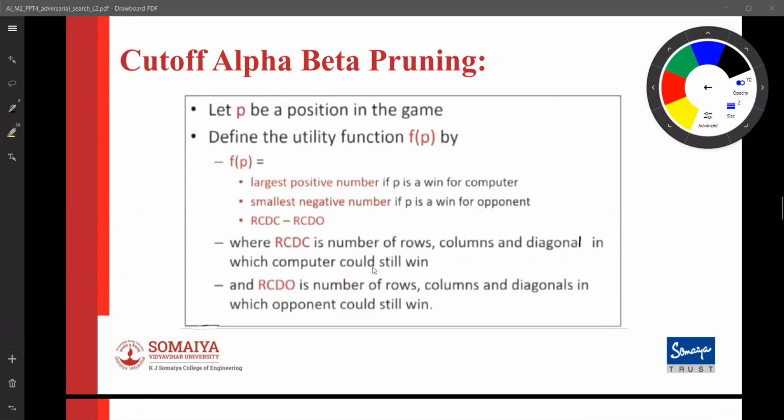Let us say I count the number of rows, columns, and diagonals in which the computer can still win, and similarly the number of rows, columns, and diagonals in which the opponent can still win, and I take the difference. That I will call my evaluation function.